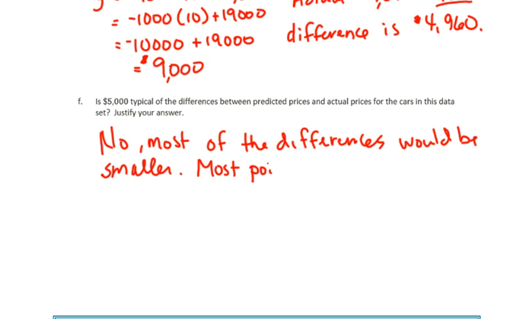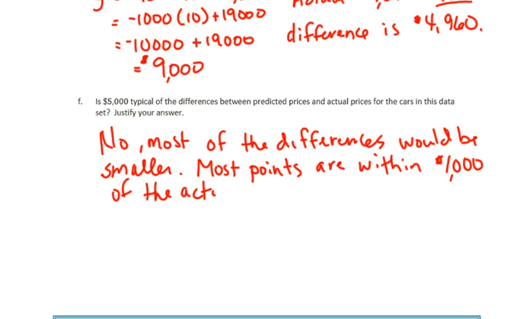Most points actually, when you figure it out, are within $1,000 of the actual. So the closer we are to the line of the points, the more accurate the data will be. That's what we want to try and shoot for.